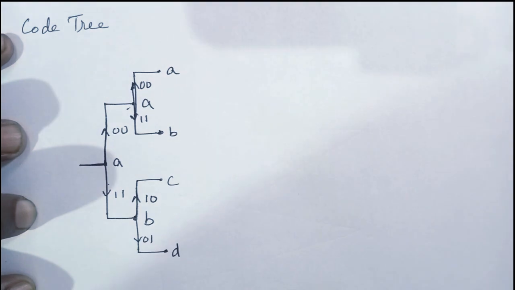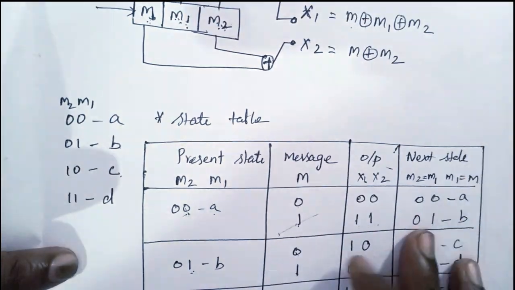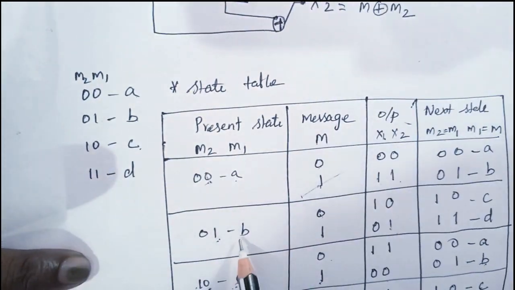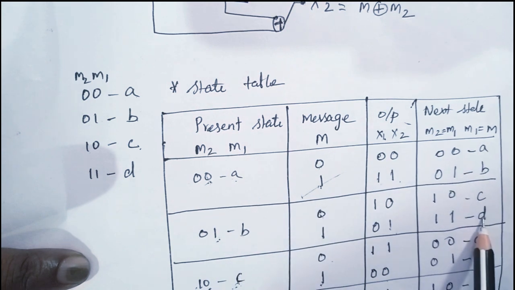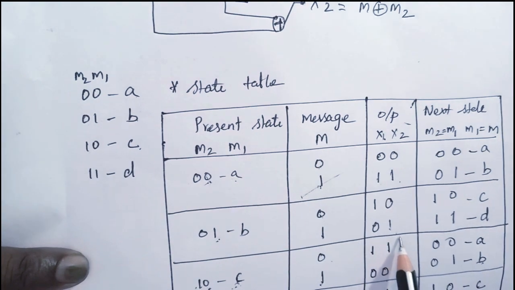From where did I get this? It's nothing but from the state table. You can see here, from B it goes to C and D, and the output is 1 0 and 0 1.